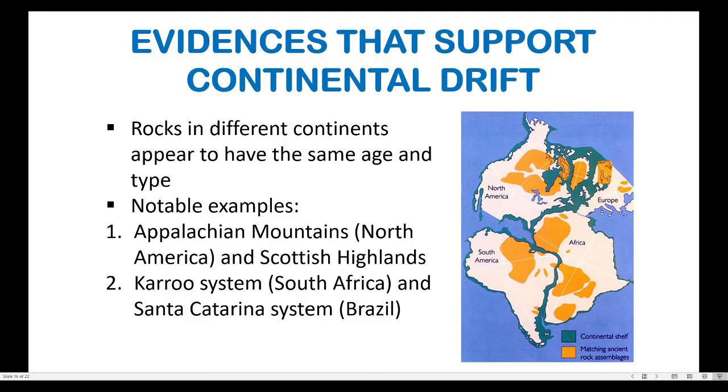Possible that these formations or these mountains were once part of a very huge mountain that when the continents split apart, the mountain was also split apart. Thus, one part of the mountain would be with the other continent and the rest would be in the other continent. So technically, they are part of the same mountain, so they will have the same age and the same type.